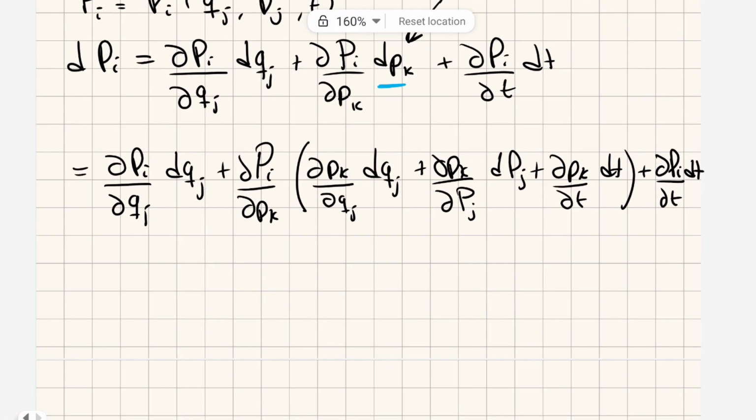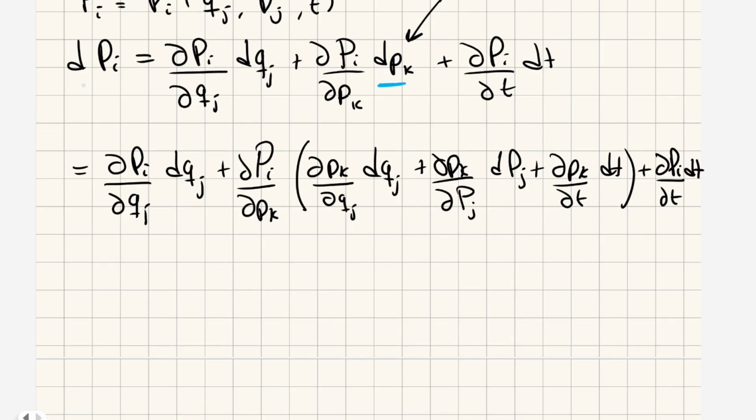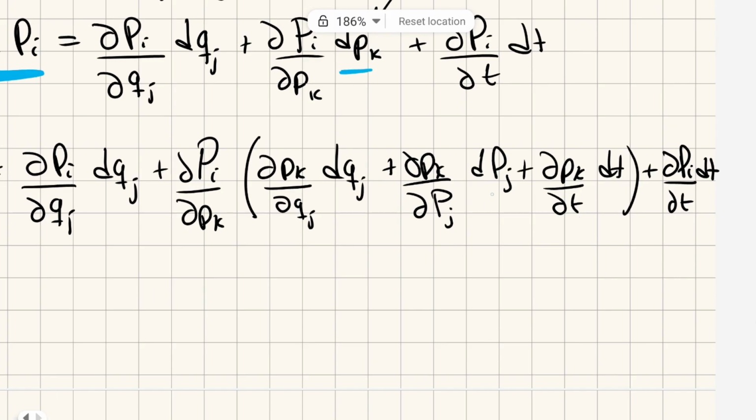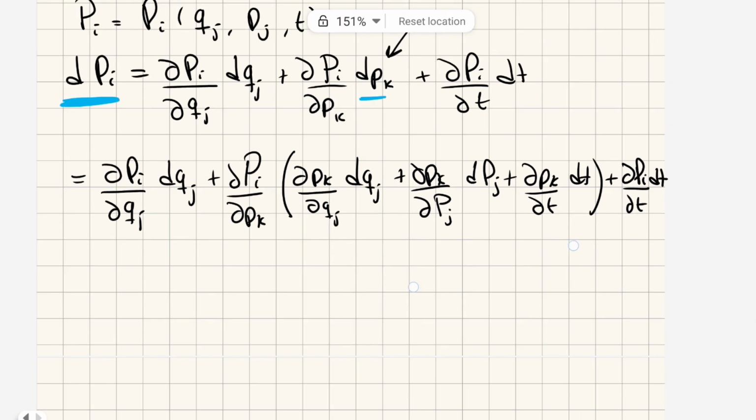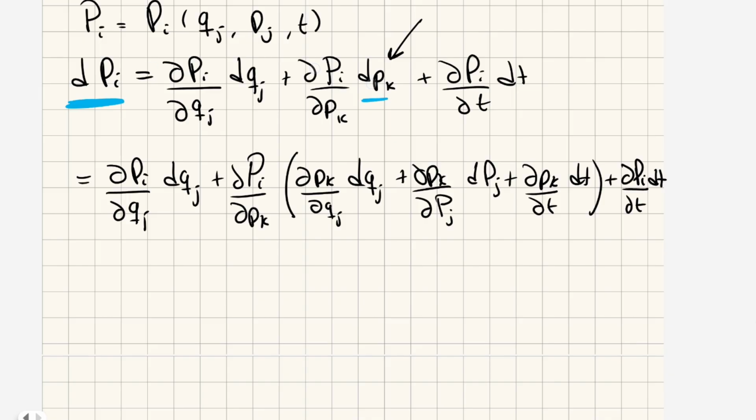So notice something. We are calculating the total differential of the capital Pi, but here we have another total differential, the differential of pj, right? So that means we can do something with that.